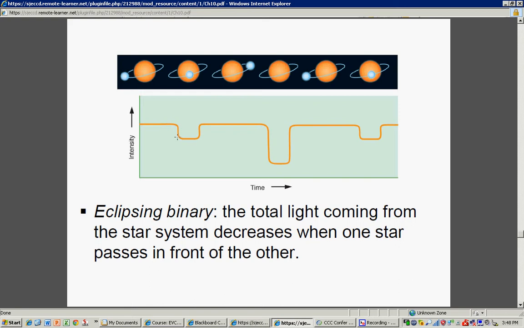So when the blue star starts transiting the big one, they can use the depth of this dip to find out how big this secondary star is. They can analyze this shift here, how long it takes to be completely eclipsing, to also establish the size of these eclipsing stars.